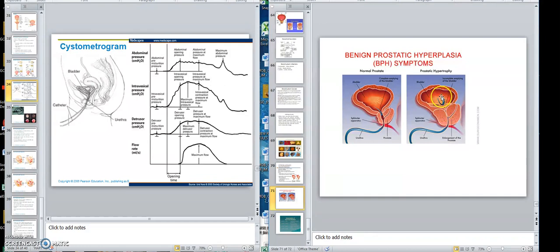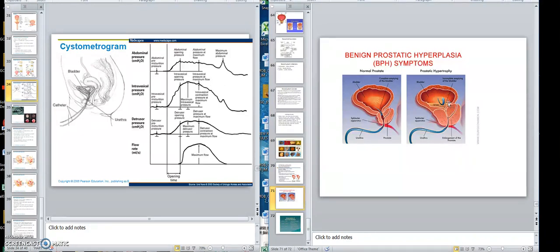After the person voids, there would still be a lot of urine left, so it wouldn't be too long before they'd go back to the bathroom again. So they would have what we call polyuria, or in more layman's terms, frequency of urination.